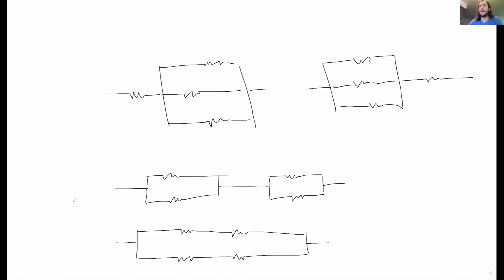So these 2 are different combinations, but they have identical equivalent resistance.